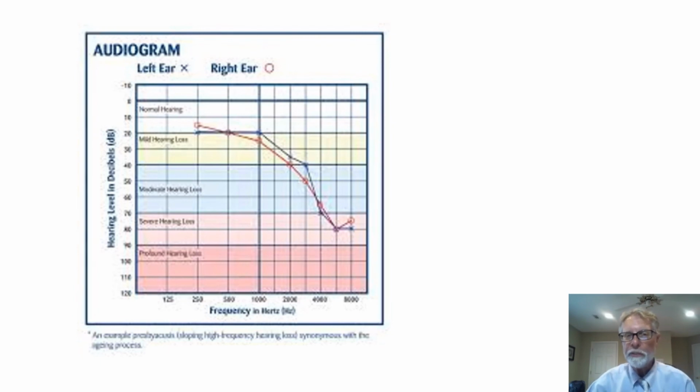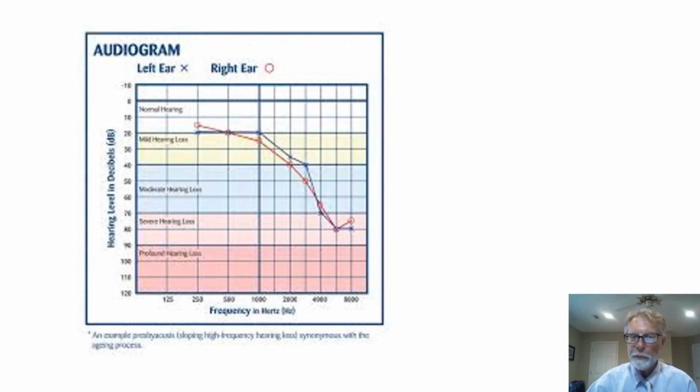So anyway, this type of audiogram would tell you that this patient actually has a severe high frequency sensorineural hearing loss, because his three highest frequencies, 4000, 6000, and 8000, are in this severe area.